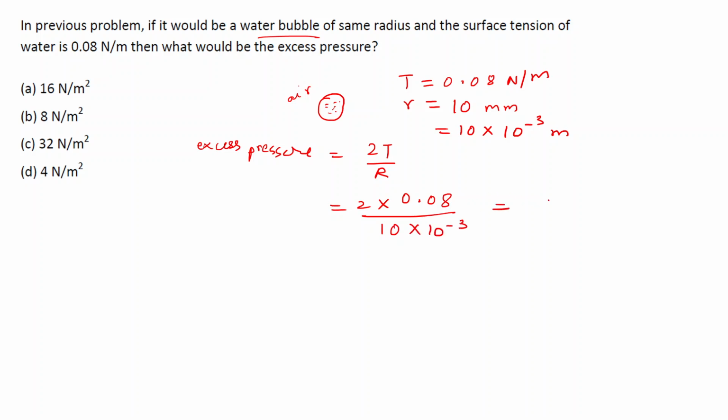That is 0.16 divided by 10, and this will come here, so it will be 16 Newton per meter square. So the answer will be 16 Newton per meter square.